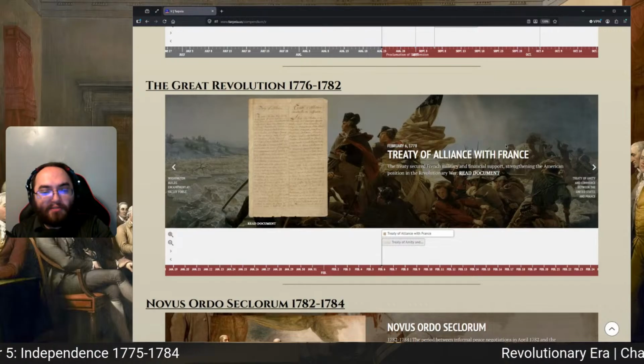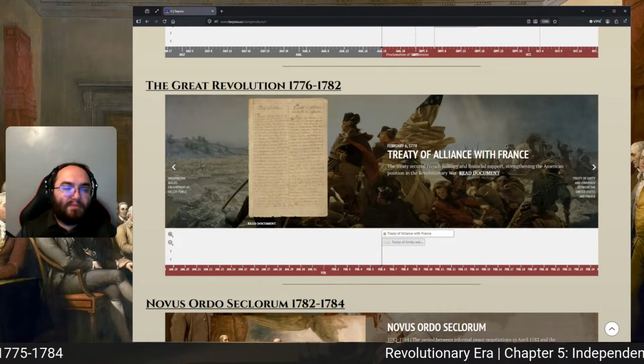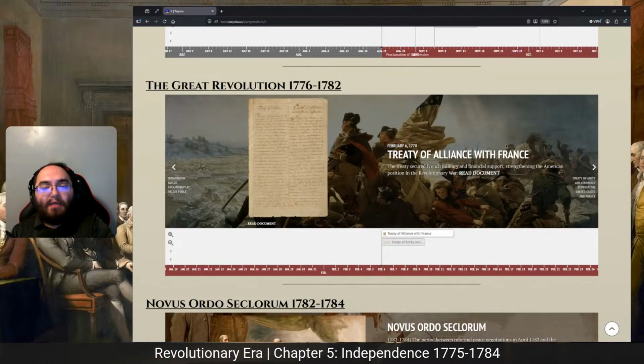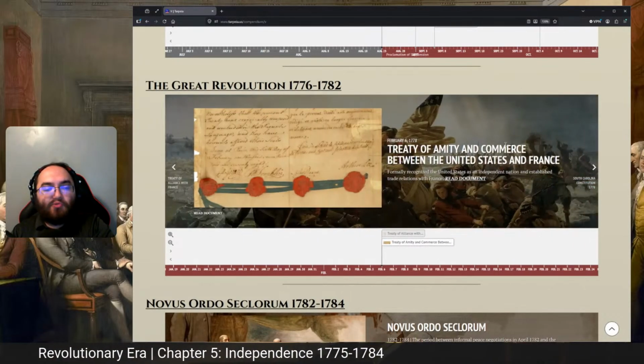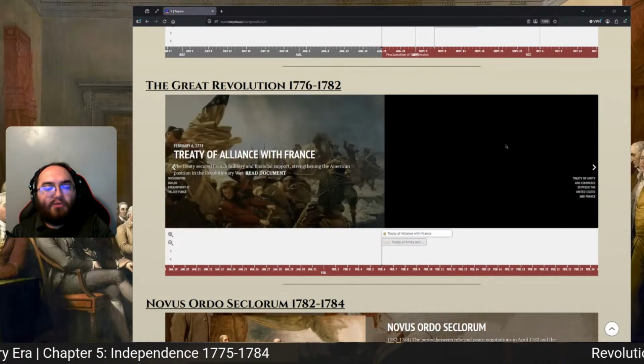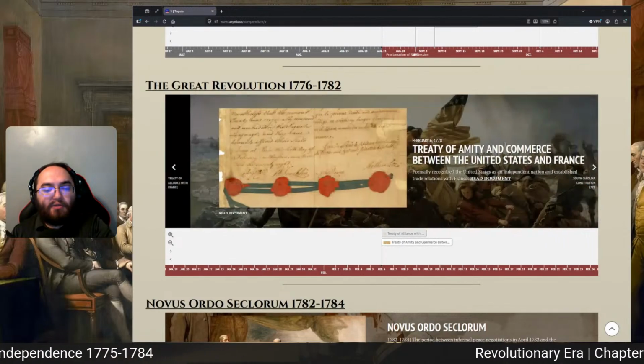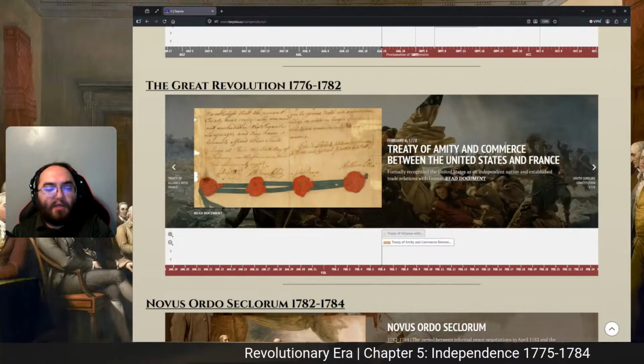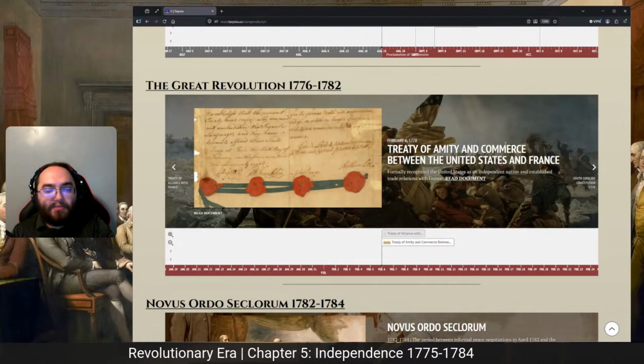Here's the Treaty of Alliance with France. After the Battle of Saratoga, the French join the war, and they pass two treaties, the Treaty of Alliance and the Treaty of Amity and Commerce. One is a military alliance, the other is a trade agreement.